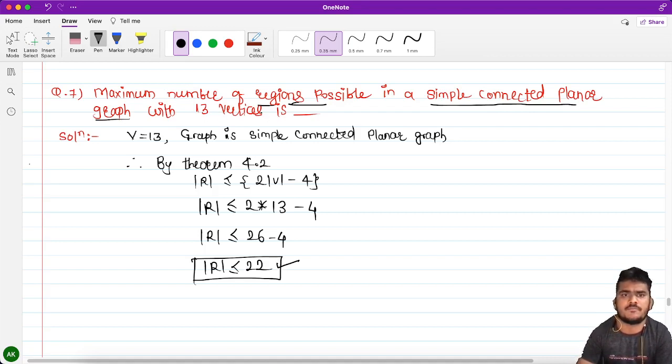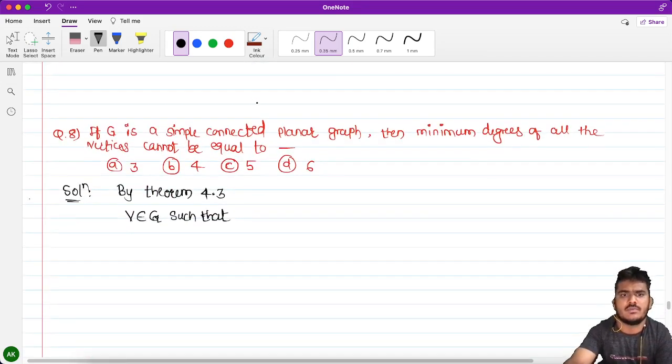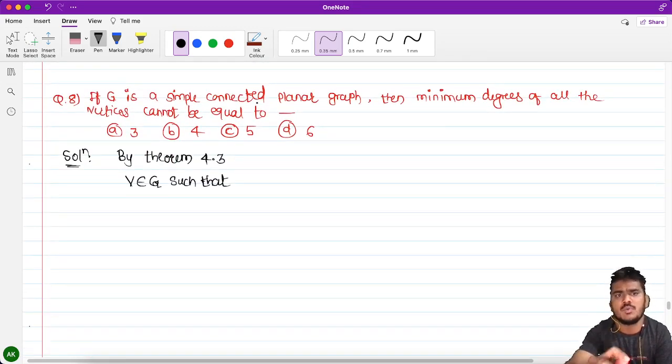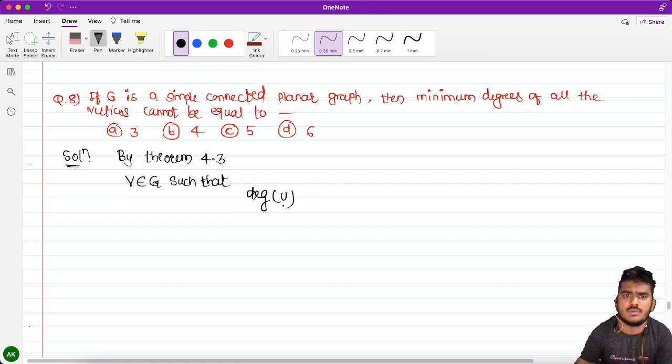Okay, so the next very simple question is purely based on the properties which we have studied. If G is a simple connected planar graph, then the minimum degree of the vertices cannot be equal to what? जो हमने देखा है कि डिग्री ऑफ ईच वर्टेक्स इन ए सिंपल कनेक्टेड planar graph is less than or equal to 5.